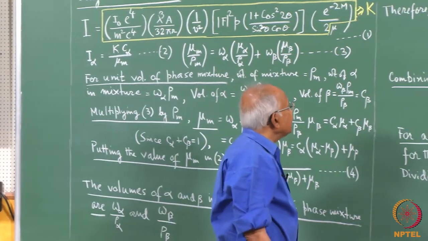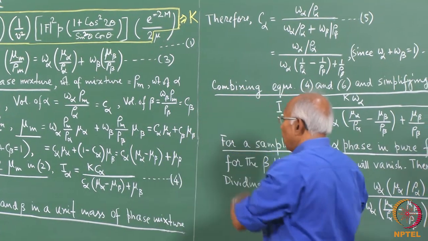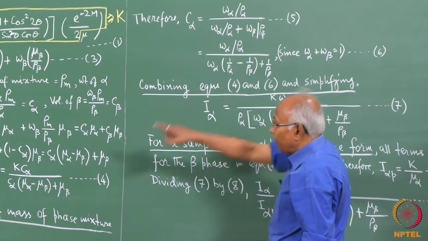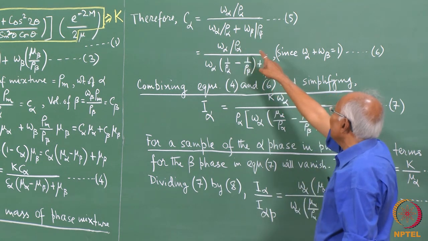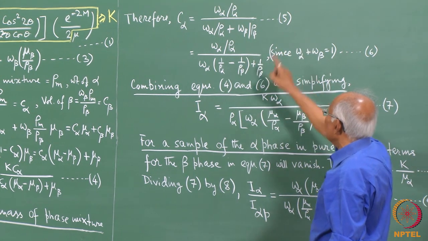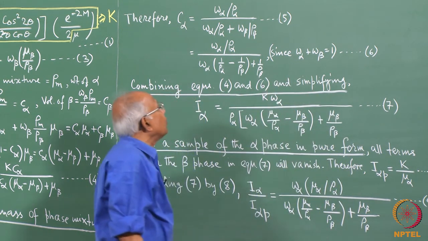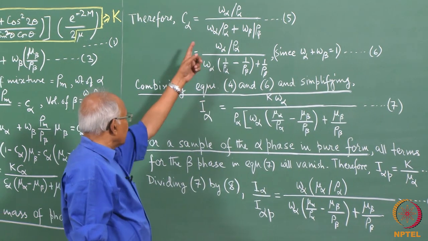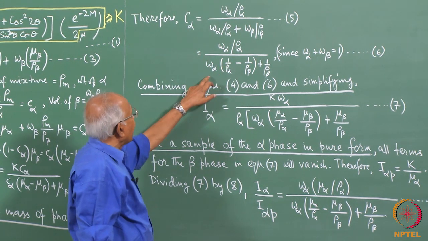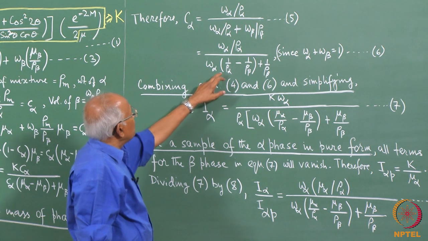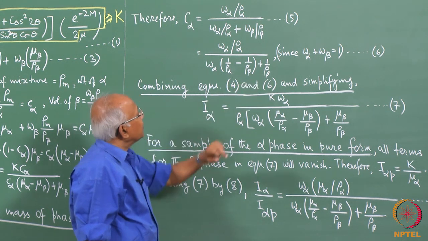Therefore now we can write C alpha will be equal to W alpha by rho alpha divided by W alpha by rho alpha plus W beta by rho beta, our equation number 5. Since W alpha plus W beta equal to 1, this equation can be written as W alpha by rho alpha divided by W alpha into 1 by rho alpha minus 1 by rho beta plus 1 by rho beta.